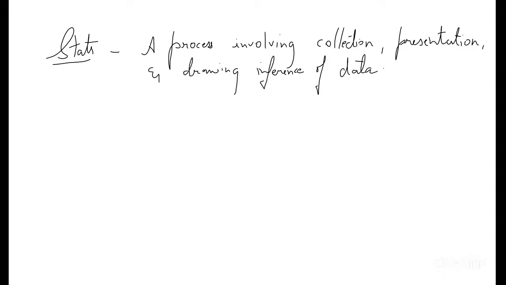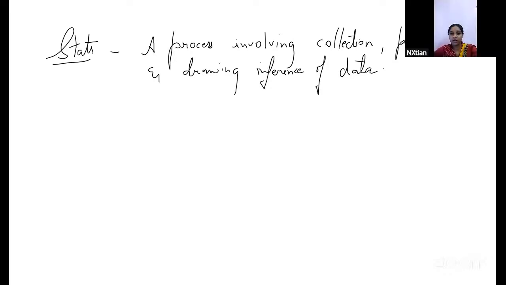See, the first step in stats is the collection of data. Where can we collect the data? From primary source or secondary source? From primary or secondary source, collection of data takes place. The data that we get is primary data and secondary.